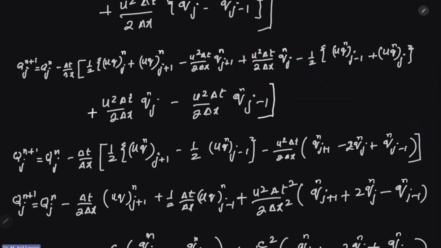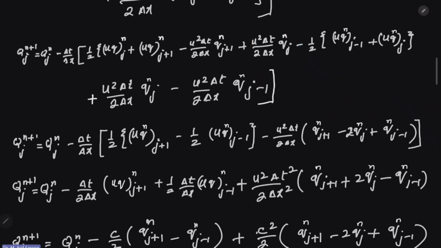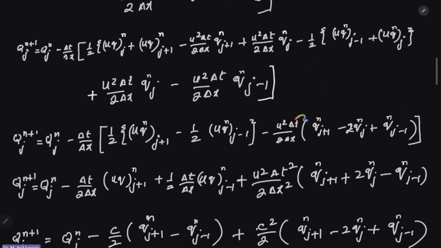So from here we have this term, and when we take a common, since it was a single one, we have 2 over here, 2q n j.